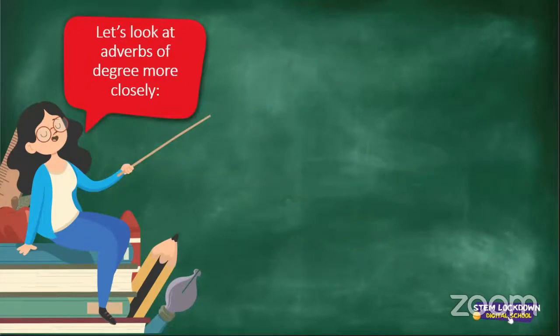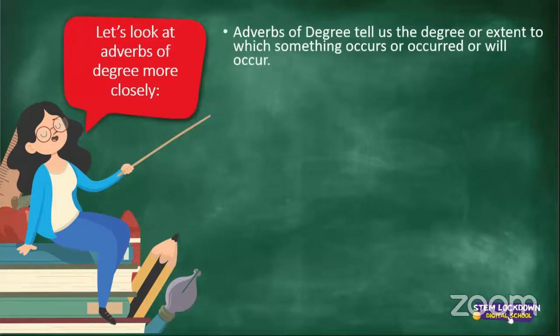Now we are going to do the one that I said was difficult for me at first, but as soon as you just realize or do some exercise on it, it's actually very easy. An adverb of degree tells us degree or extent to which something occurs or occurred or will occur.